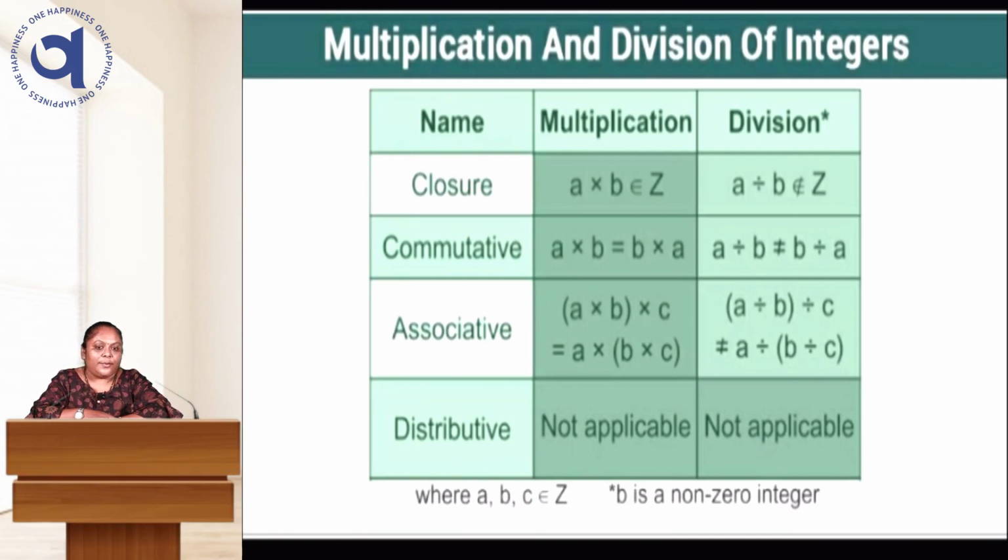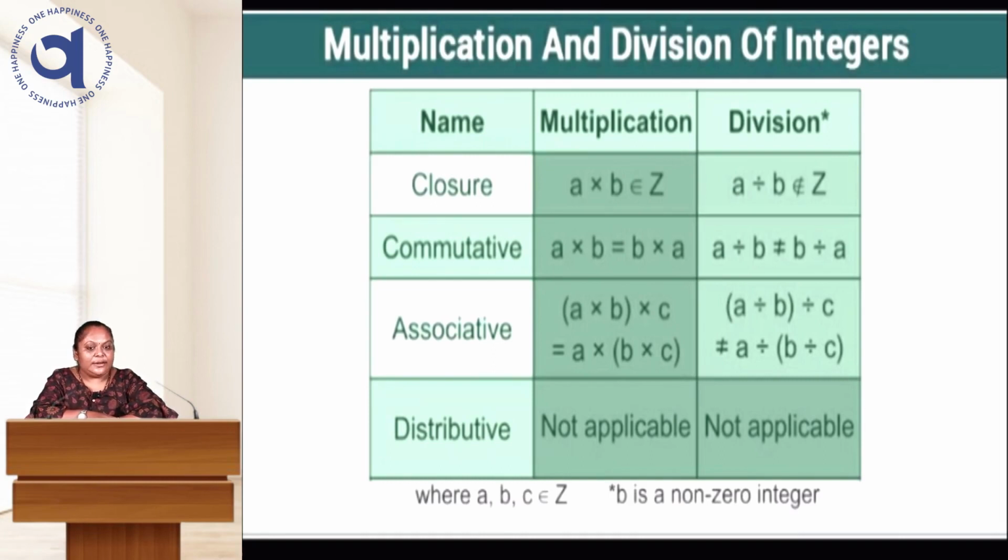For the commutative property, a multiplied by b equals b multiplied by a. If the order of two integers changes, your answer does not change. But in division, you cannot do like this, so division does not hold this property. For the associative property, group two integers and keep another integer outside, then also your answer does not change.